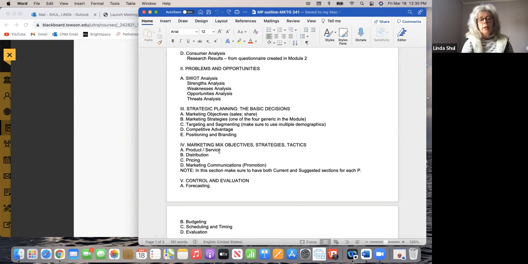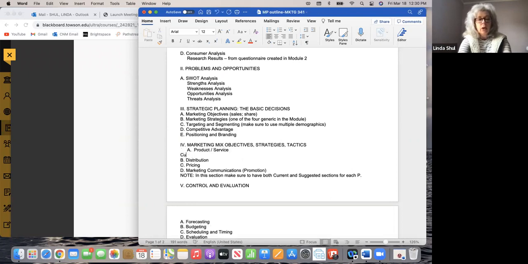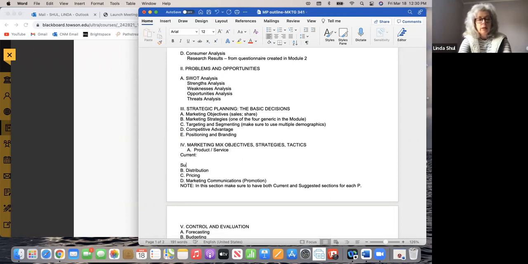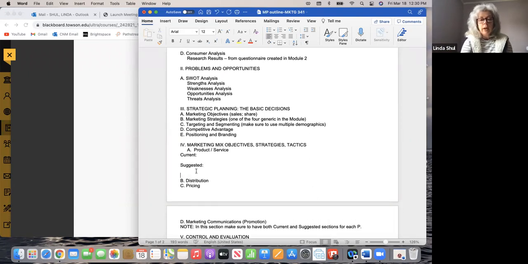So for product, service, I would go down and say current and then suggested, and do this for every single P. And then under it, you're going to say the current product service strategy is, and suggestions based on primary and secondary research.